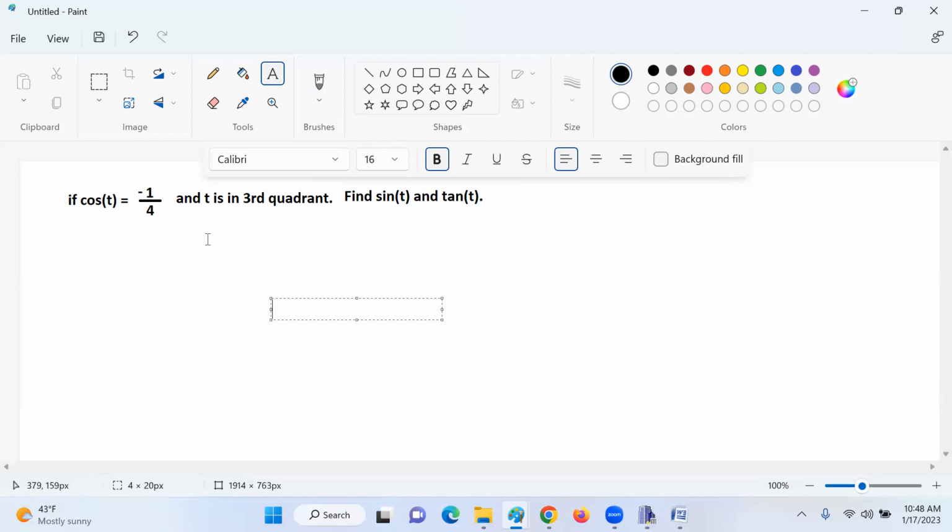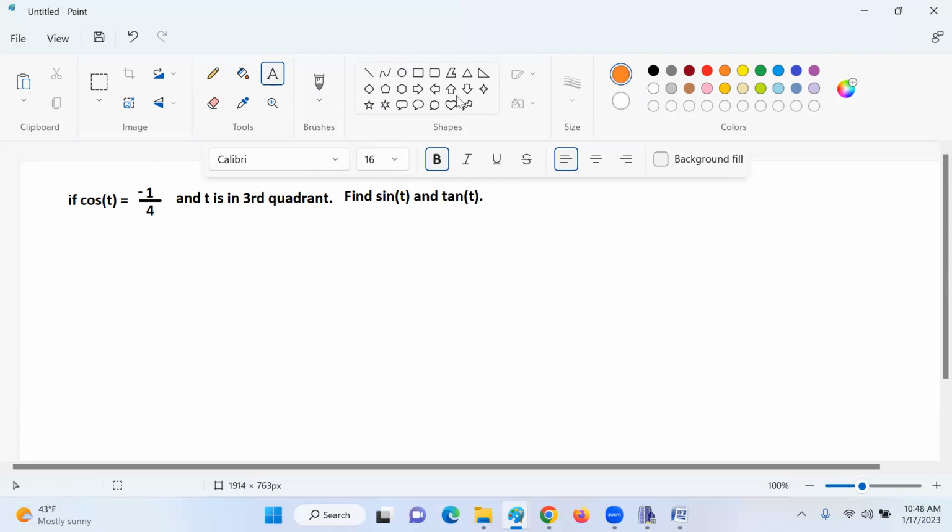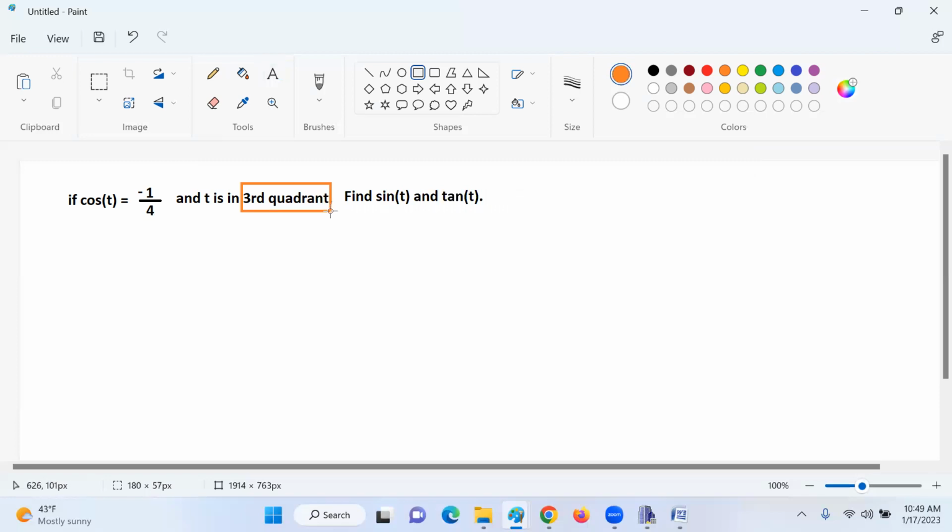So third quadrant, meaning that all of these will be negative, right? Except for tangent. If you take calculus, remember that in the third quadrant only tangent is positive. So you can figure it out that way.